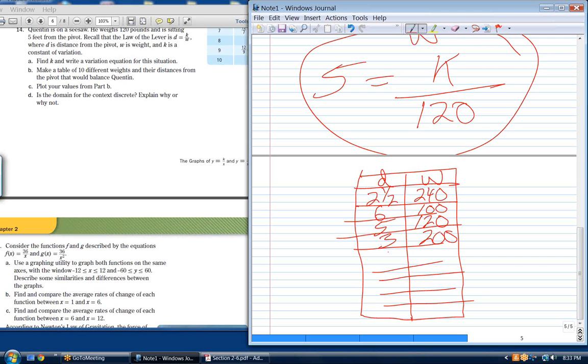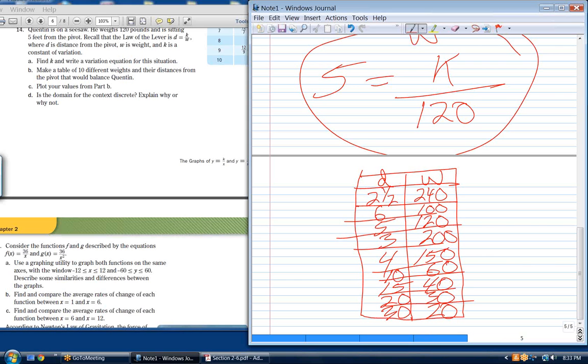So all I'm doing is listing the distances and making sure that the distance times the weight adds to 600. So 4 feet must be 150. You want to come up with numbers that work: 10 feet would be 60, 15 feet would be 40, 20 feet would be 30, and 30 feet would be 20. In other words, the product of distance times weight has to equal 600, and that's the table.